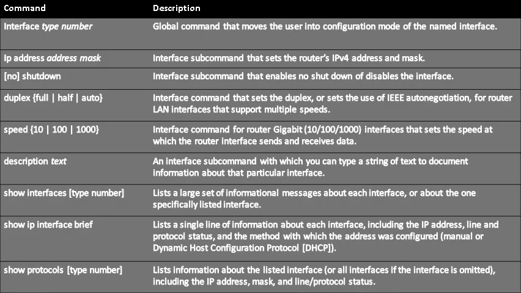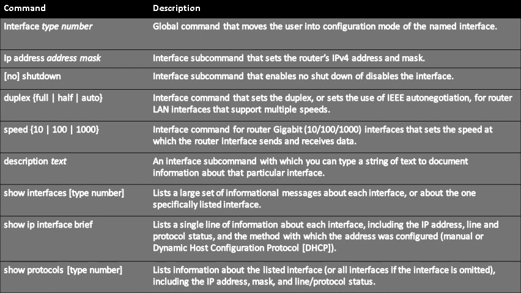The show ip interface brief command lists a single line of information about each interface, including the IP address, the line and protocol status, and the method with which the address was configured, manual or Dynamic Host Configuration Protocol, DHCP.